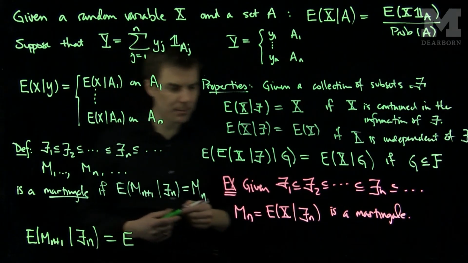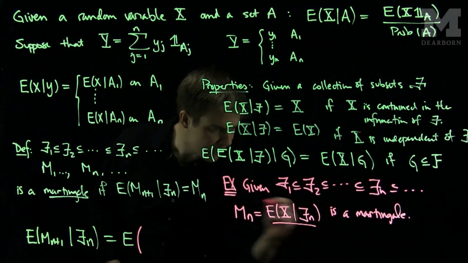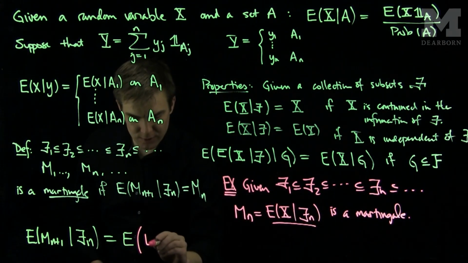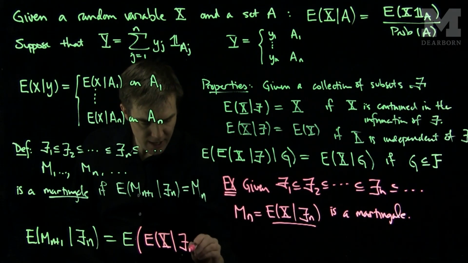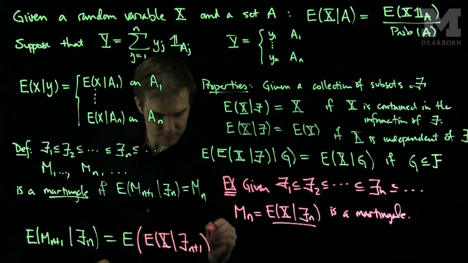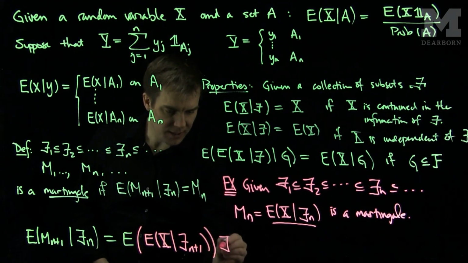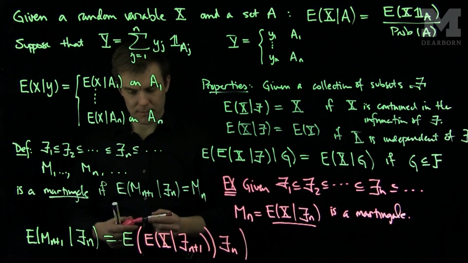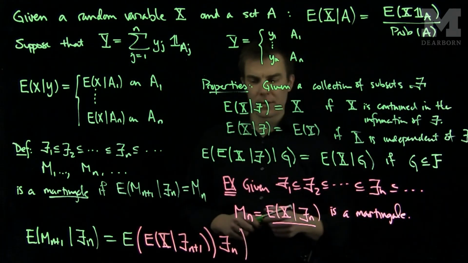I will now fill in what this is equal to. I know that Mn plus 1, by my definition, is the conditional expectation of x given Fn plus 1. Then I condition this on Fn. Now I will use the Tower property of conditional expectation.